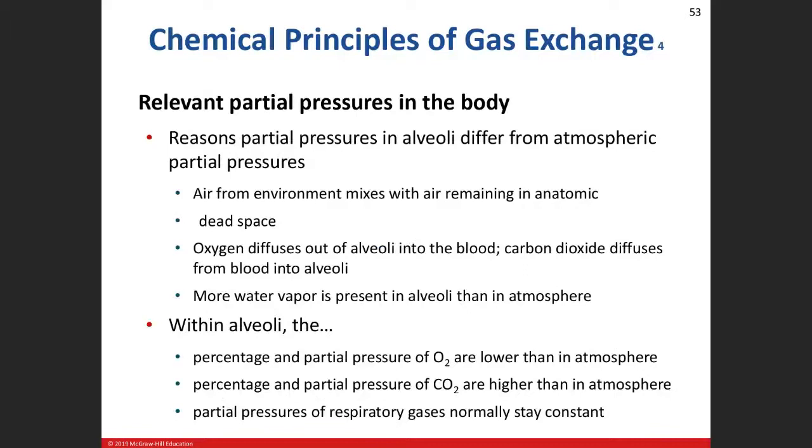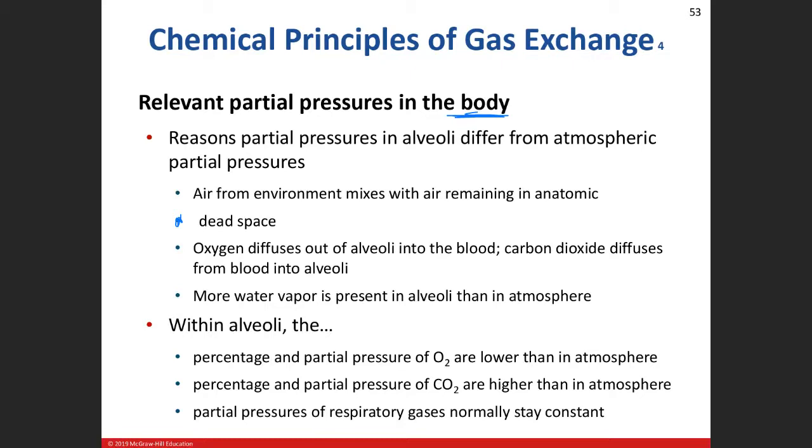So let's talk about how this works in our body. A couple of things you have to understand, and actually this should not be a bullet point. This should say air from the environment mixes with the air remaining in the anatomic dead space. So the air in our alveoli is going to be different than the air in this room. Think about it. When you're breathing the air in, a couple of things are happening.